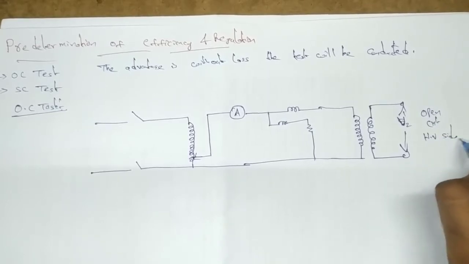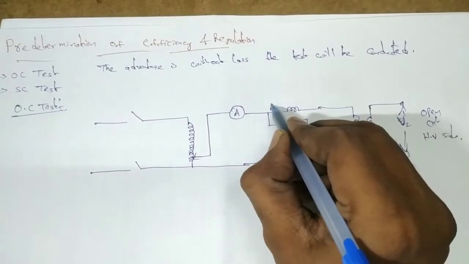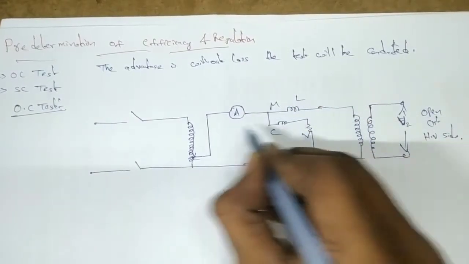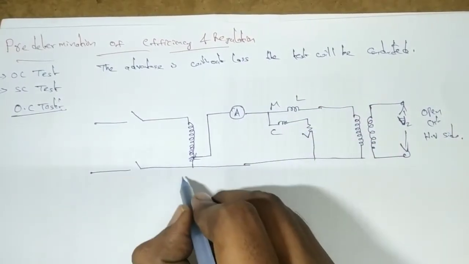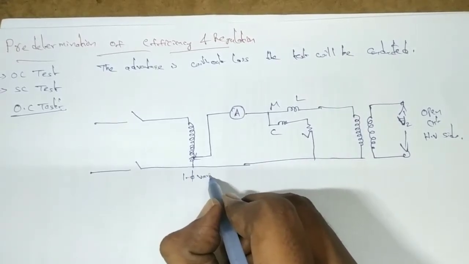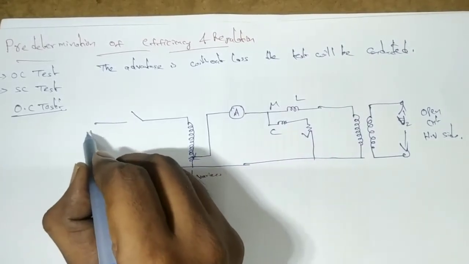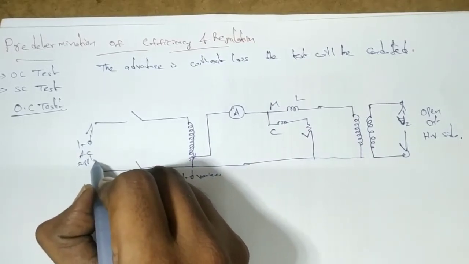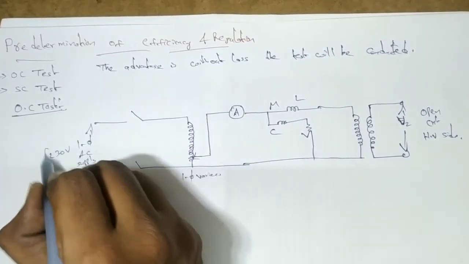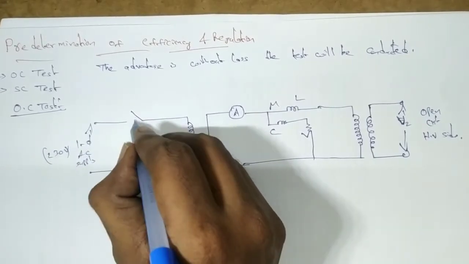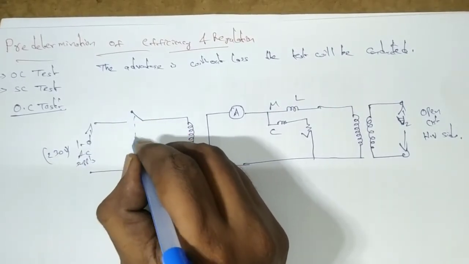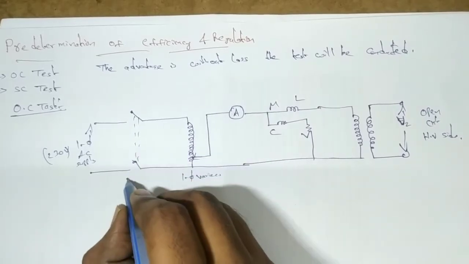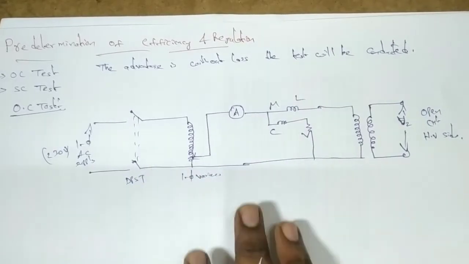So the open circuit voltage is nothing but the high voltage side, and M, L, C, V are the terminals of the wattmeter, and this is the ammeter. This is the single phase variac, and it is 230 volts V1 of single phase AC supply, and this is the DPST switch. With a single throw we can operate the double pole. So DPST, double pole single throw switch.